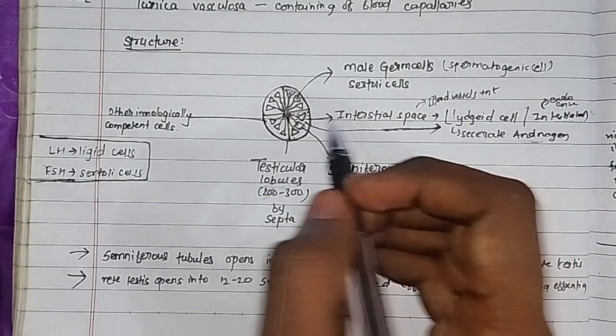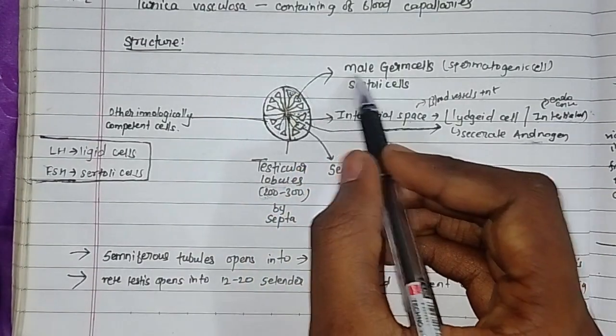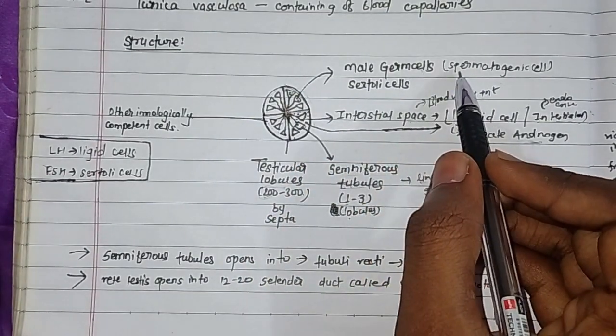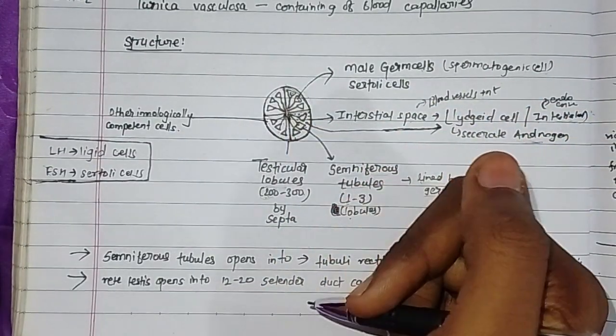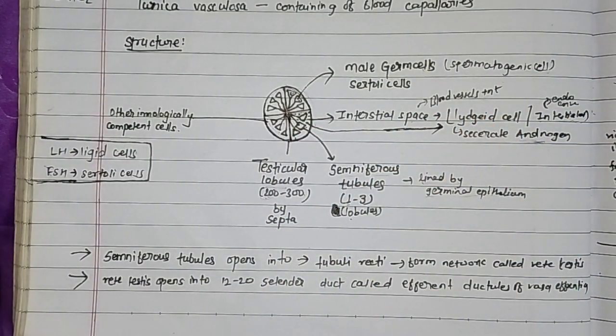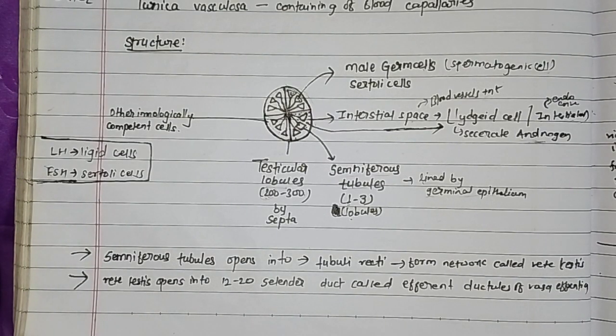Inside, we have male germ cells, spermatogenic cells, and also Sertoli cells, which provide nutrition and support the development of the sperm. Sertoli cells are also called nurse cells.